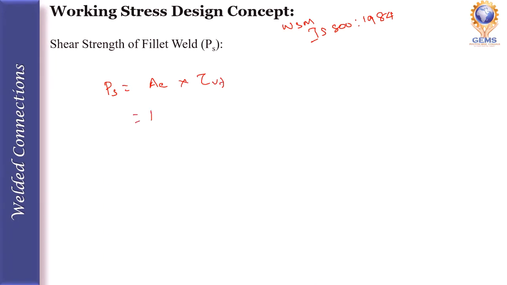So here it is Lw into Pt into tau VF. This is the working stress method.